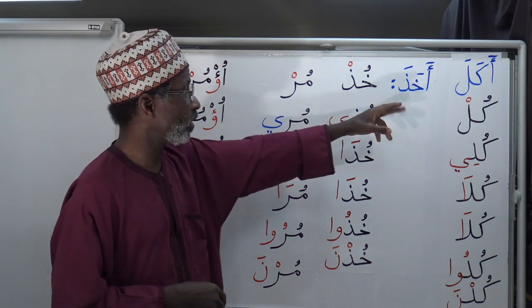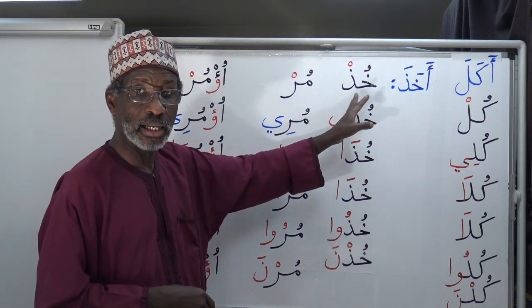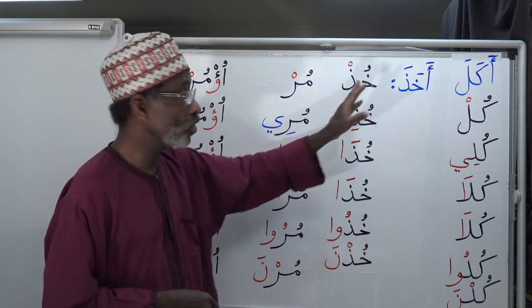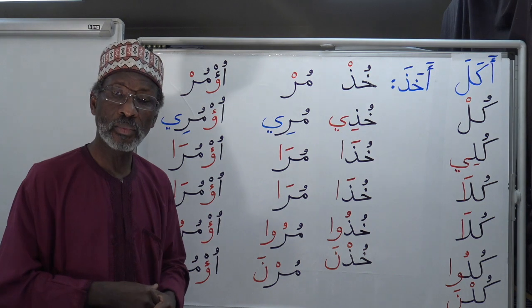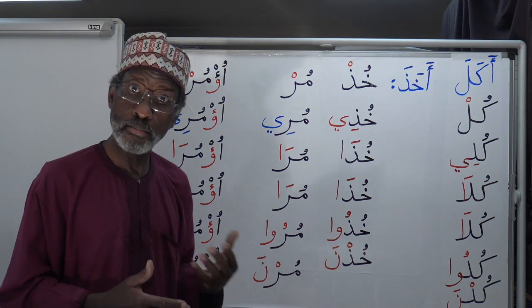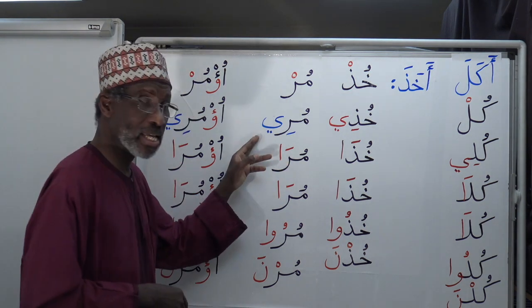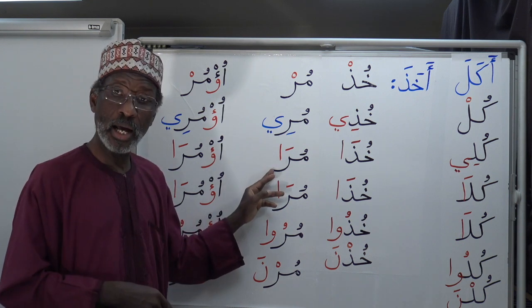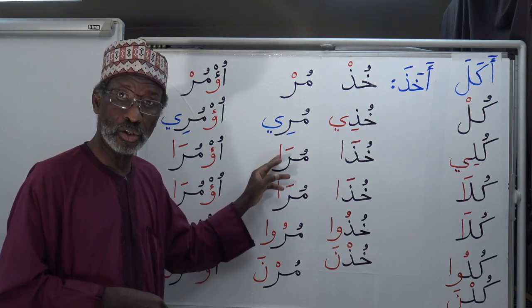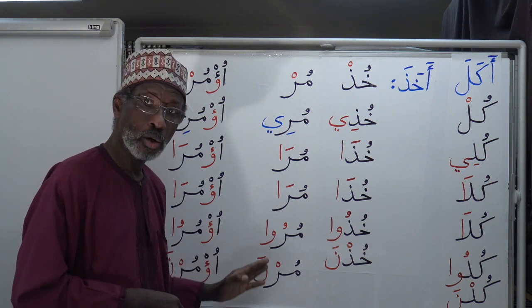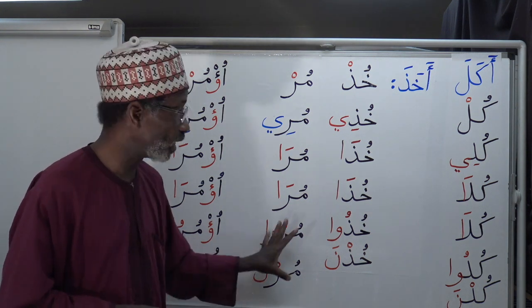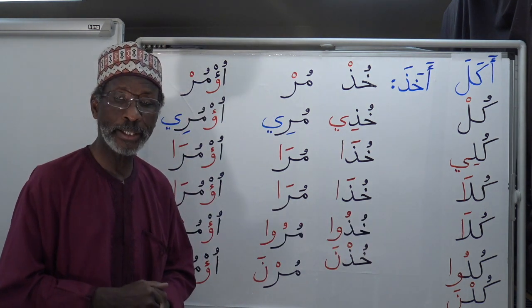In line with the first two, kul and khudh, you say mur also. Amara, ya'muru, mur. Muri. Mura, mura, you are instructing two people regardless of gender. Muru, murna. That is in line with the rest of this category.